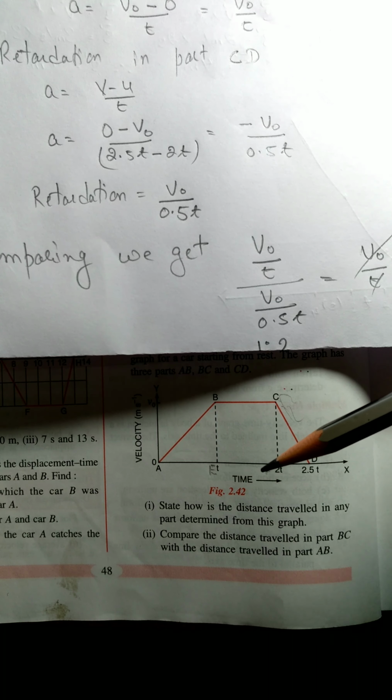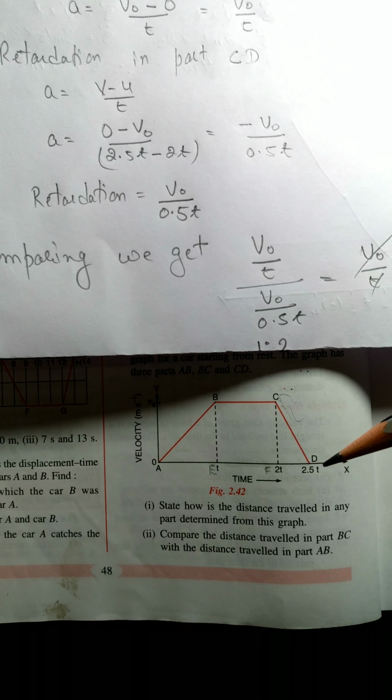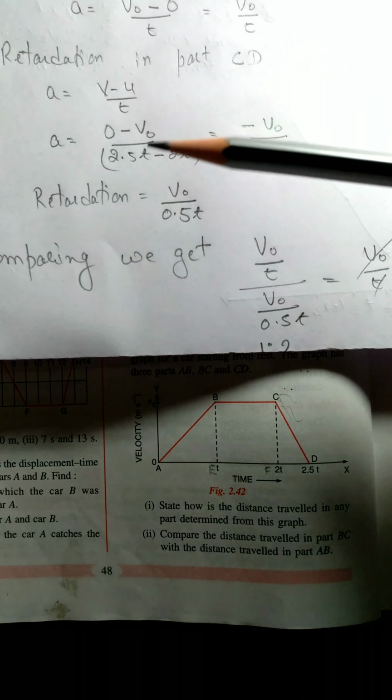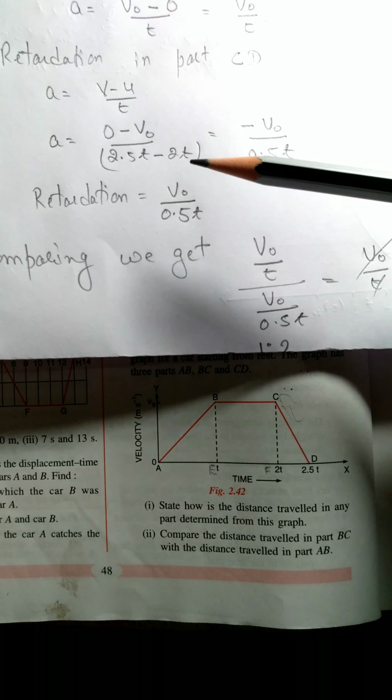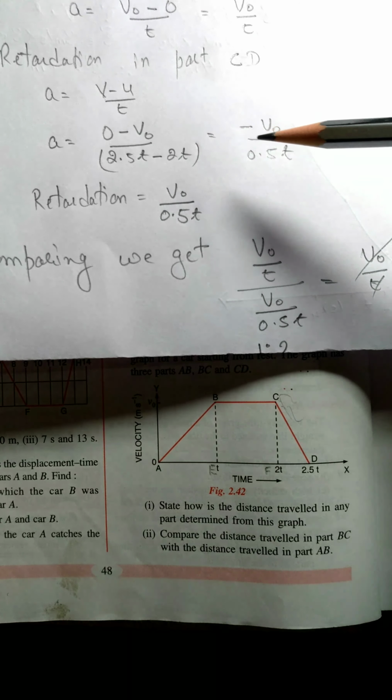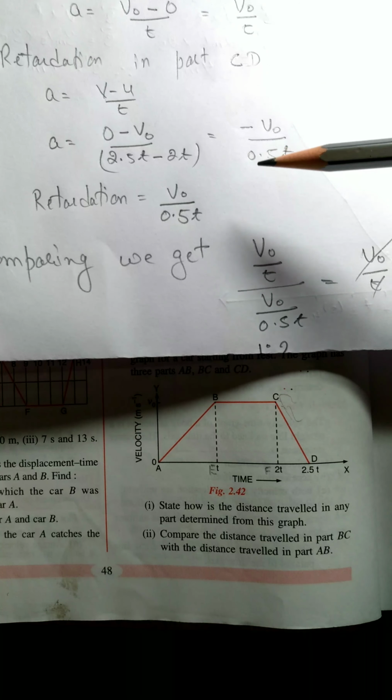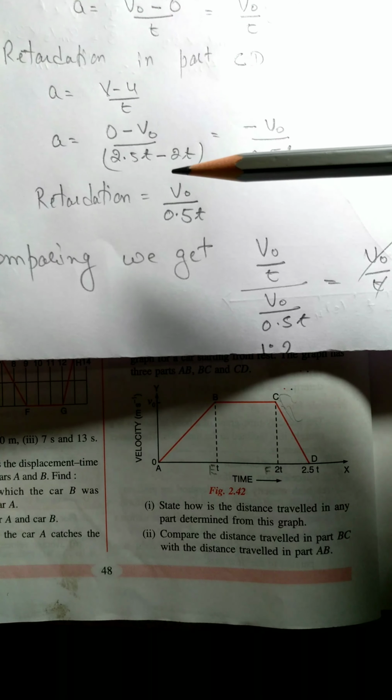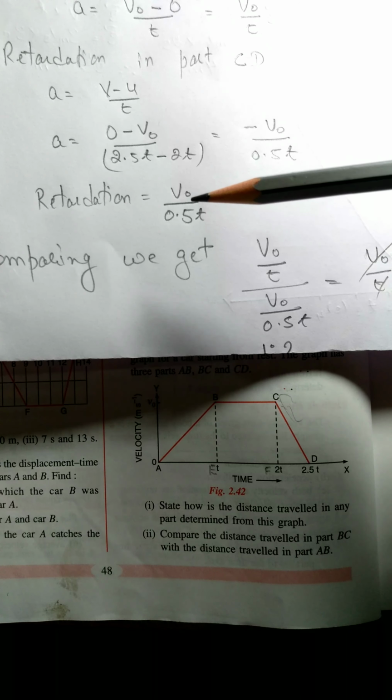The value of time will be this portion: 2.5t minus 2t. If I solve this, I am getting minus v naught upon 0.5t. So retardation will be v naught upon 0.5t.